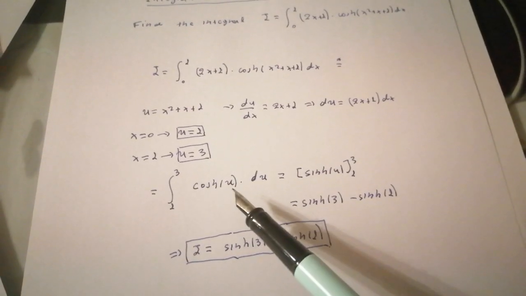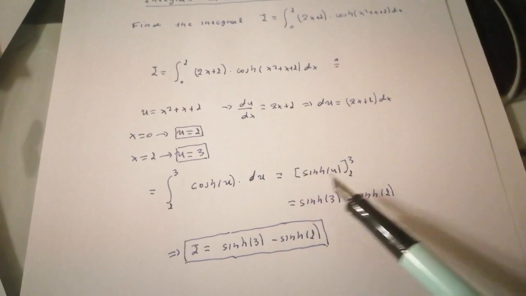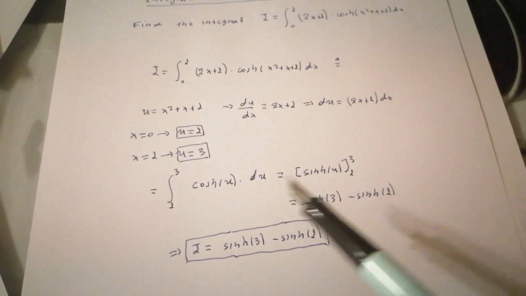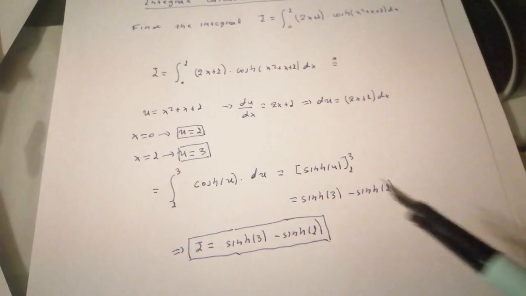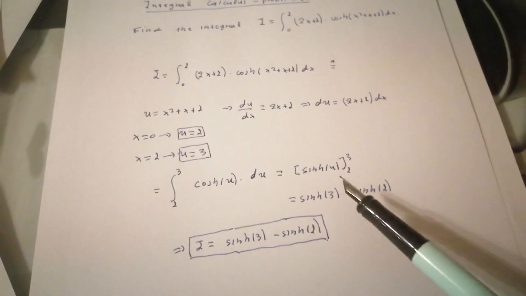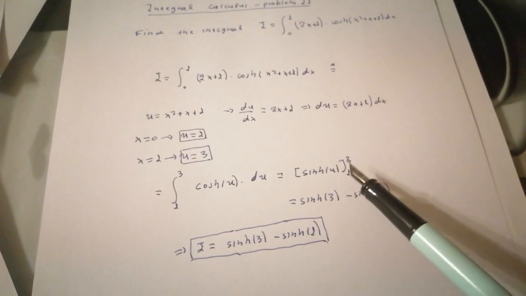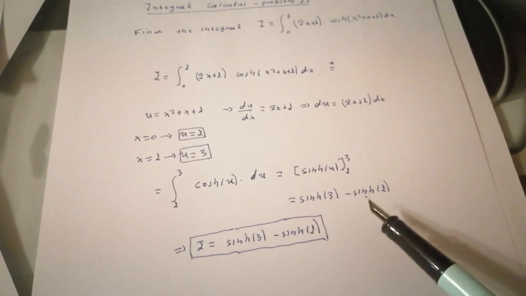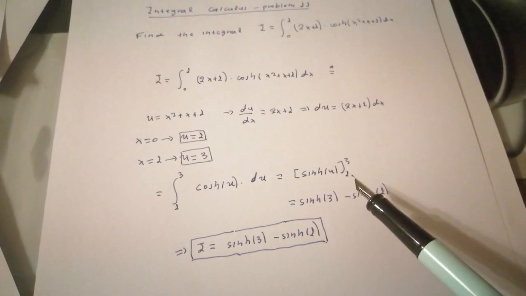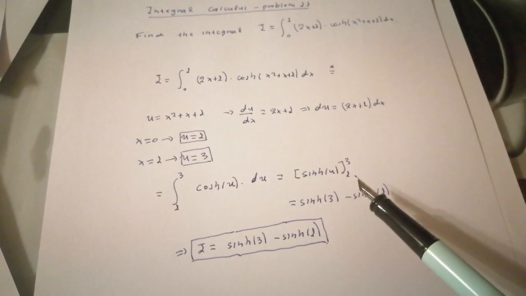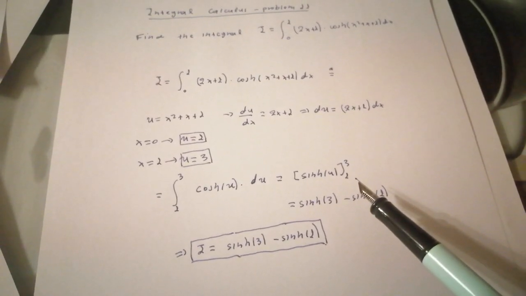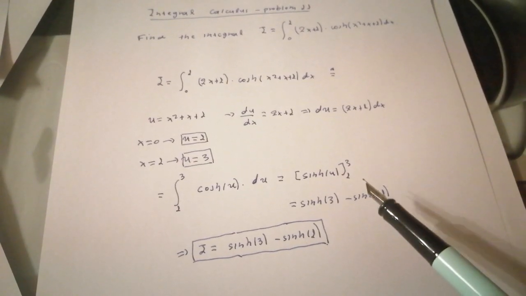So you compute this integral of cosh, so we know that if we differentiate sinh, we get the cosh, and so we have the function evaluated at the end point minus the function evaluated at the left end point.